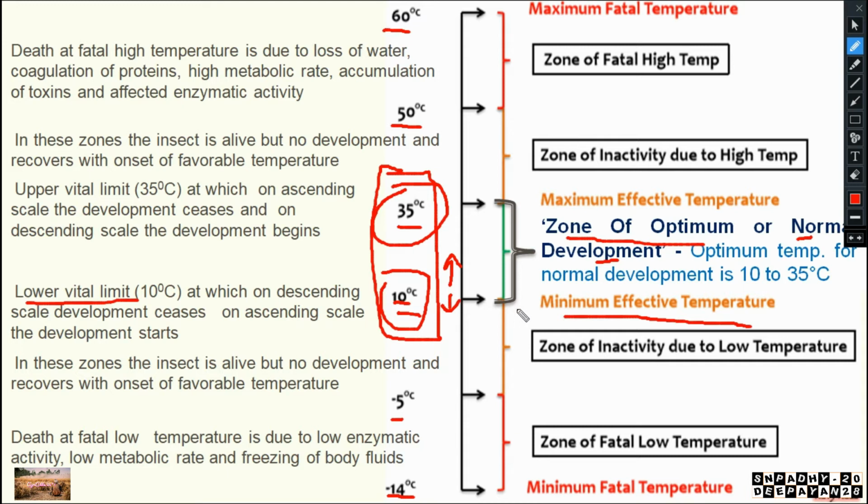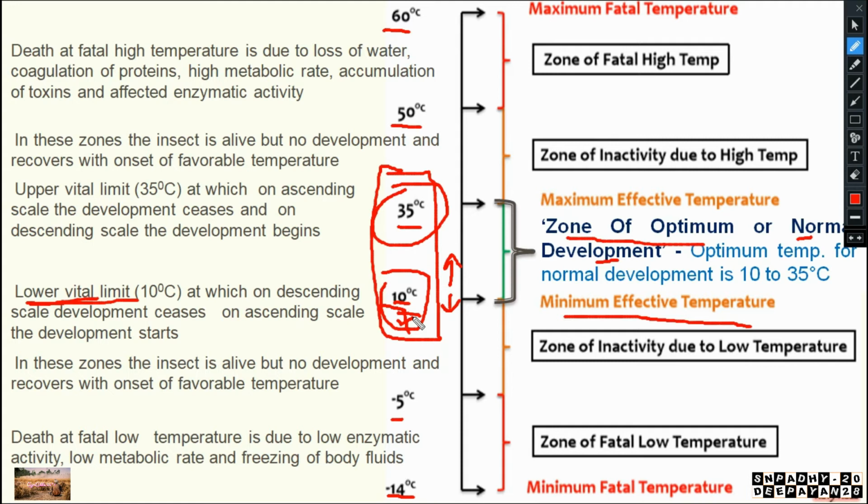That's why the synonym is also lower vital limit. This is the lower limit below which the vital processes, the enzymatic activity, the metabolic activity, will be disrupted. They won't occur normally. That's why the term is minimum effective temperature and also known as lower vital limit.